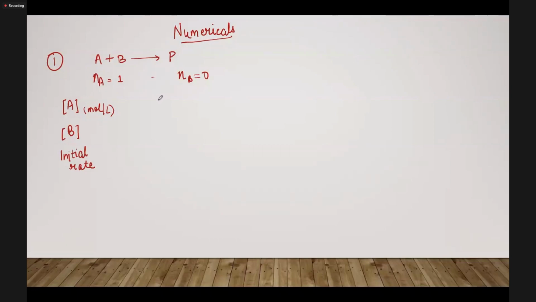So that is why 0.1, they have given a dash over here. Then they have given 0.4 and then again a dash. Similarly for B, they have given 0.1, 0.2, 0.4 and again 0.2. For initial rate, which is in mole per liter per minute.